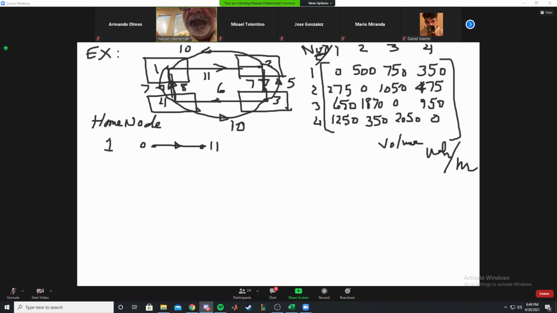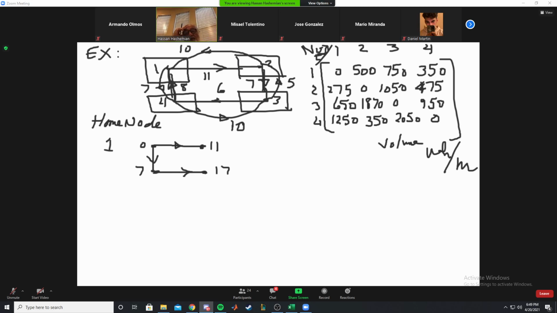So you have to go here, and then you have to go here, right? And it takes you 17 minutes. And you have to put these arrows that show you the direction. Then from 1 to 4, it seems like 7 minutes is the one that controls, right? So that gives you the tree from node number 1.